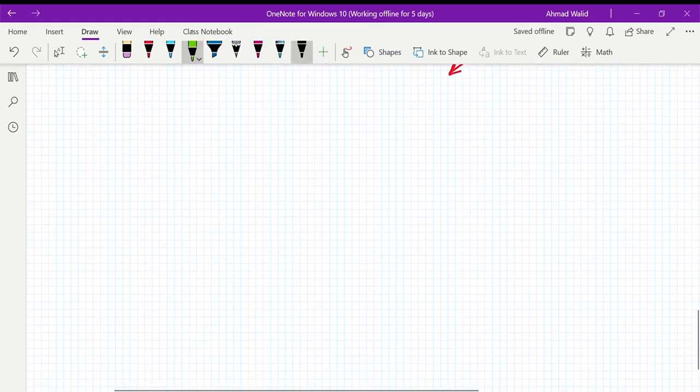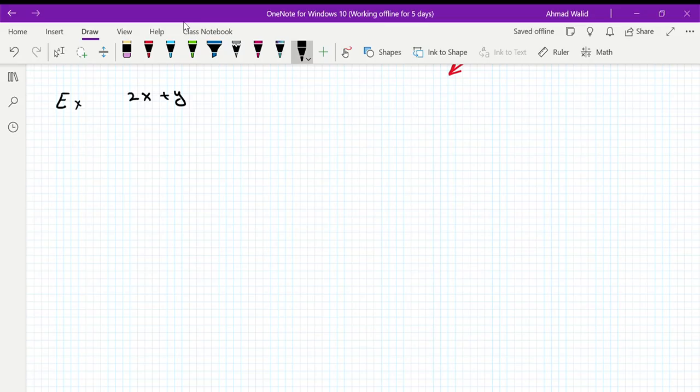Another example. Let's take this one. Let me show you a vertical one.